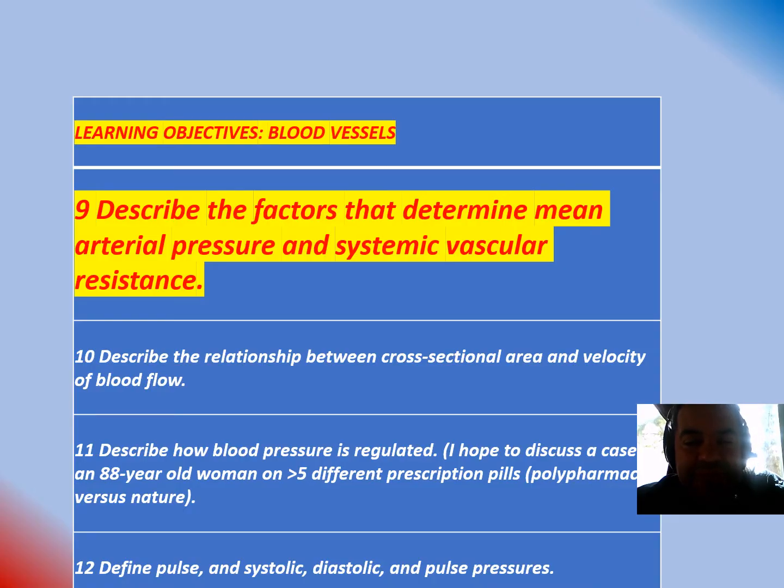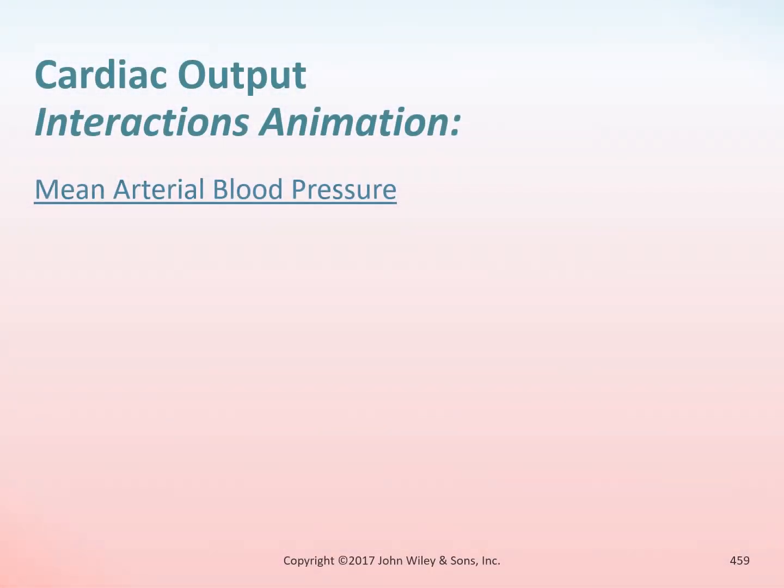Describe the factors that determine mean arterial pressure and systemic vascular resistance. Mean arterial pressure is determined by taking the systolic blood pressure and adding it to the diastolic blood pressure and adding it to the diastolic blood pressure again and dividing it by 3. In other words, if your blood pressure is 100 over 70, then it would be 100 plus 70 plus 70 divided by 3.